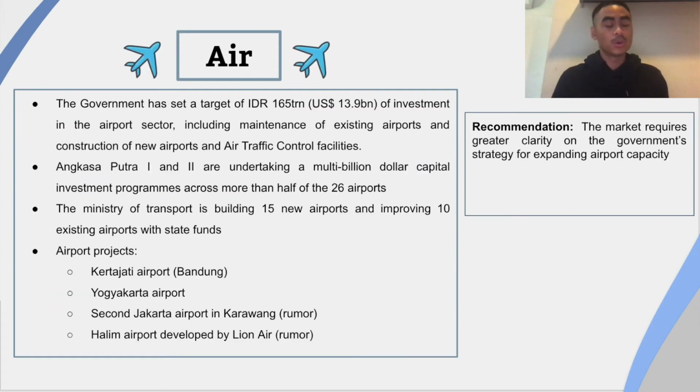Moving on to air infrastructure. The government has set a target of about 13.9 billion dollars of investment in the airport sector, including maintenance of existing airports and the construction of new airports and air traffic control facilities. Angkasa Pura 1 and 2 are undertaking multi-billion dollar capital investment programs across more than half of the 26 airports.